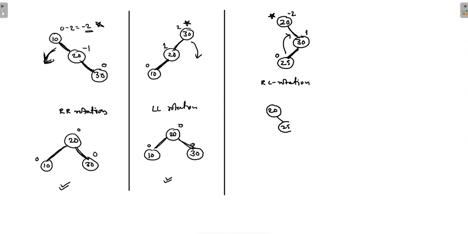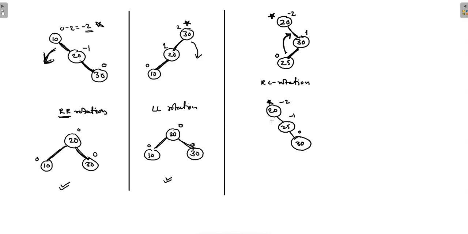It goes in between 20 and 30, and 30 will remain there. So this is the rotation. You are just rotating 25 in between 20 and 30. Now if you calculate the balance factor, it is 0, 0, 1, so minus 1, it is 0, 1 and 2, so it is minus 2, and this is the case of right right rotation.